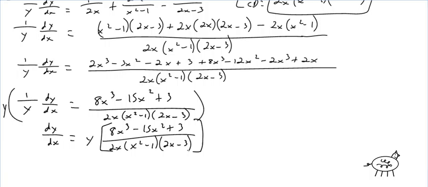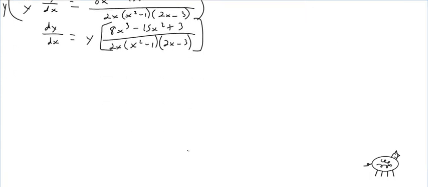Please don't leave it like that. You guys should know better. Our original value of y was, well, you can look at it. It's the square root of x times x squared minus 1 over the square root of 2x minus 3.